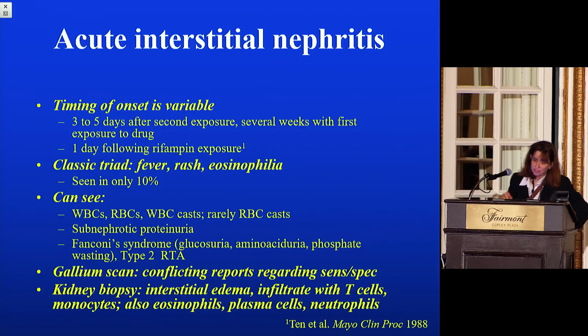The timing of onset, again, this refers to drug-related. 3 to 5 days after your second exposure to the drug. It can occur weeks with the first exposure to a drug. And I would say probably months after your first exposure.